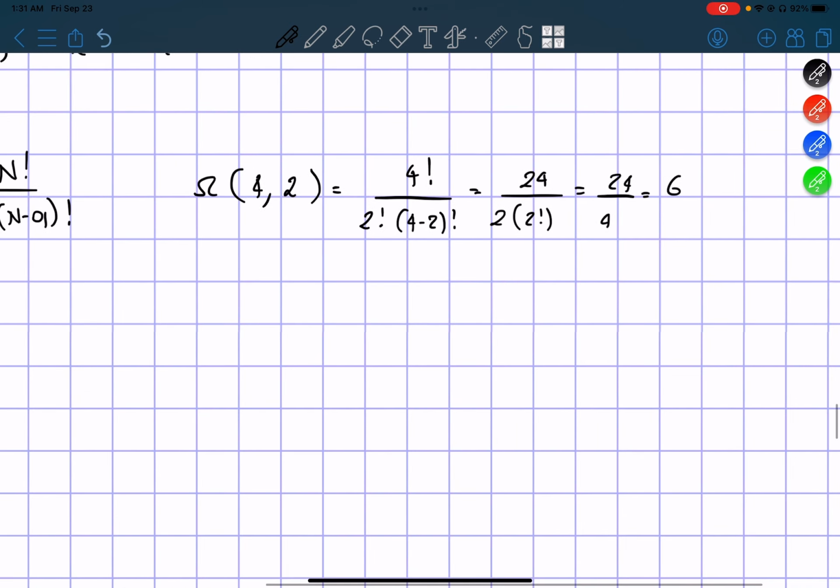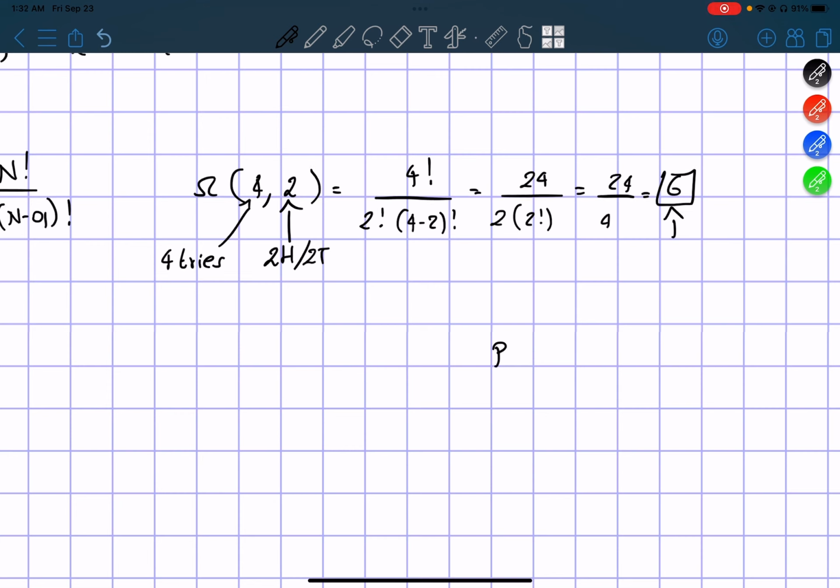And again, the possibilities of having 2 heads or 2 tails, whatever you want to count, in 4 trials, well, the combinations we can have with 4 trials to have 2 heads or 2 tails is 6.